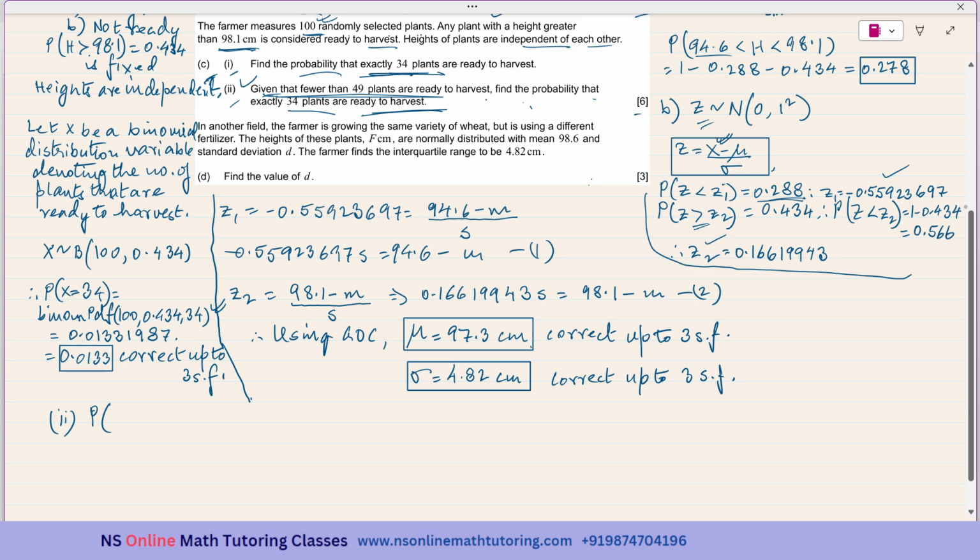So X equal to 34 is the event happening, and you are required to find its probability given that this event has happened: X is less than 49. This is the conditional probability that we have to find. This will be the answer for this subpart.